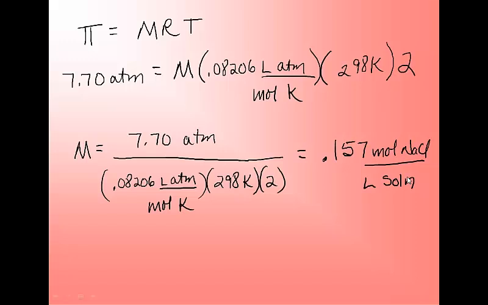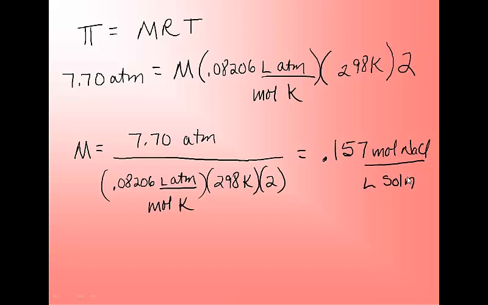Osmotic pressure, the pi symbol, is equal to molarity times our old gas law R, times temperature in Kelvin. Osmotic pressure is going to be in atmospheres because of R. They give me the osmotic pressure in the problem, and they are asking me for the concentration of the solution that red blood cells should be placed in in order not to absorb or bust or lose or anything like that. They want an isotonic solution.